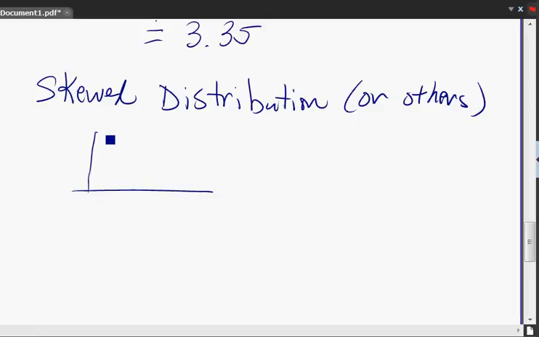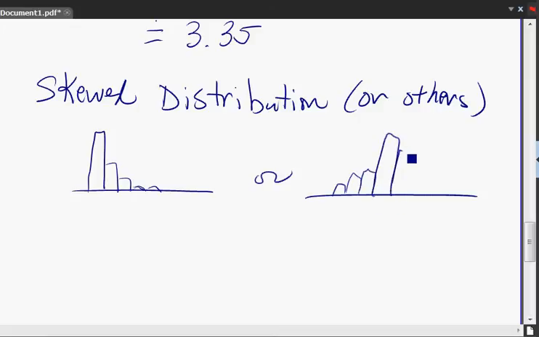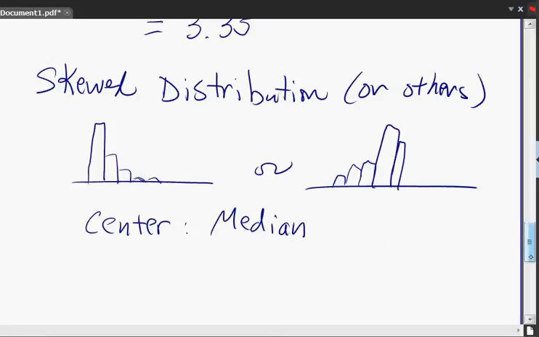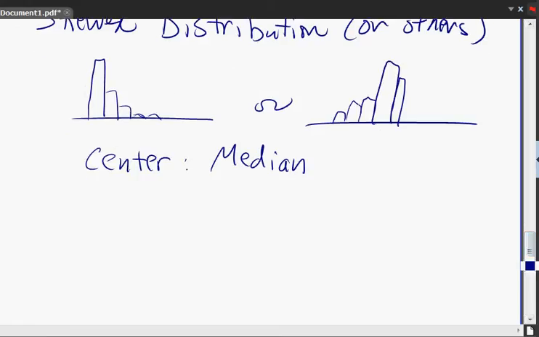So if my data is looking like this, or if my data is looking like this, we use as our center the median. And you probably studied median in elementary school at some point.